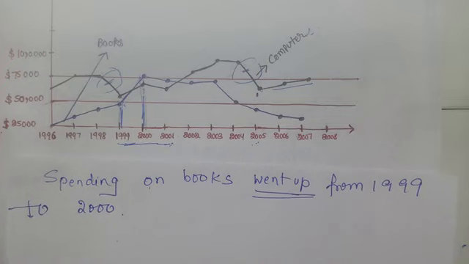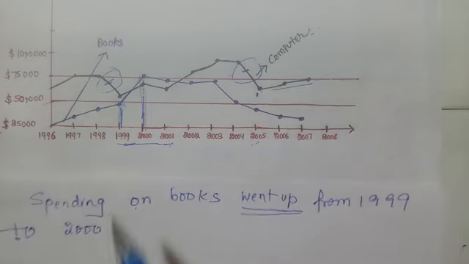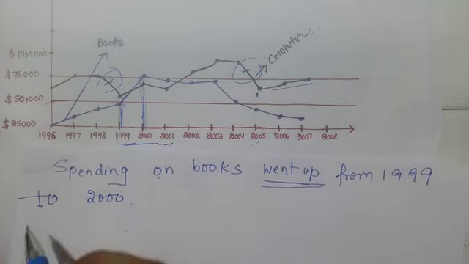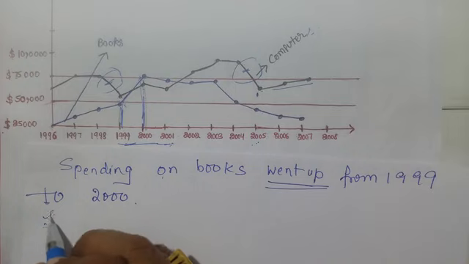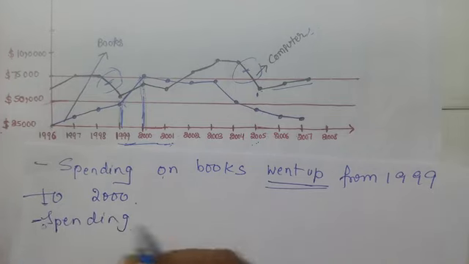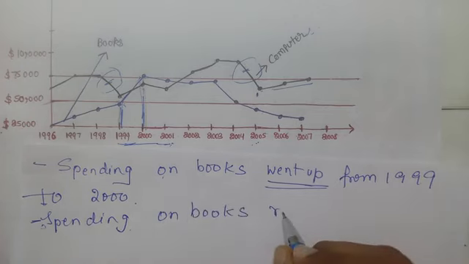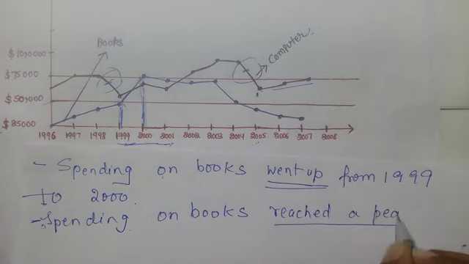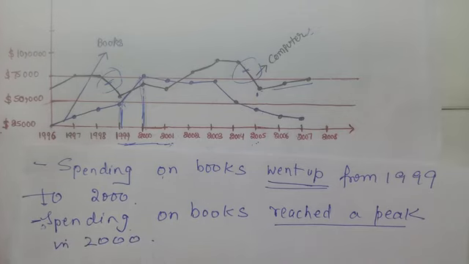Fine. So next I'm going to go to 2000. Why am I going to write 2000? Because it's the peak situation. So how to write the peak situation? Let's take the 2000 line. Again, spending on books reached a peak in 2000.